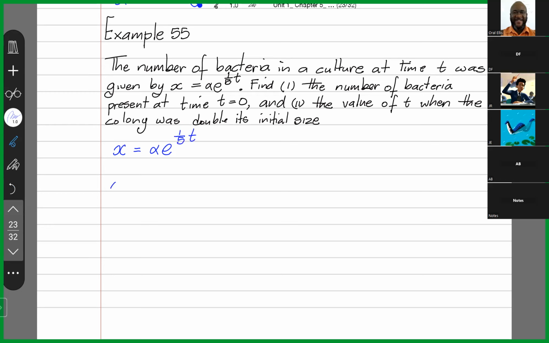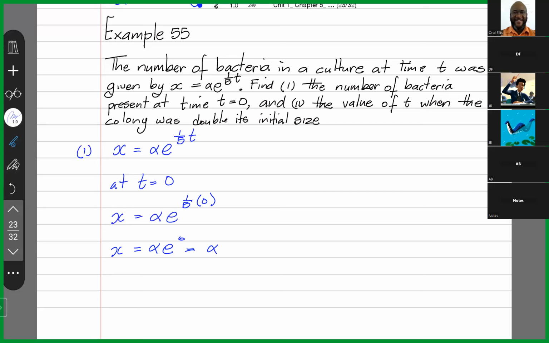Now at t is equal to 0, x would be equal to alpha e to the 1/5 times 0. So 1/5 times 0 is still 0, and e to the 0 would be 1. So x would be alpha e to the 0, which is just alpha. So at time t equal to 0, the amount of bacteria in the culture is alpha. So for I, the answer is alpha.